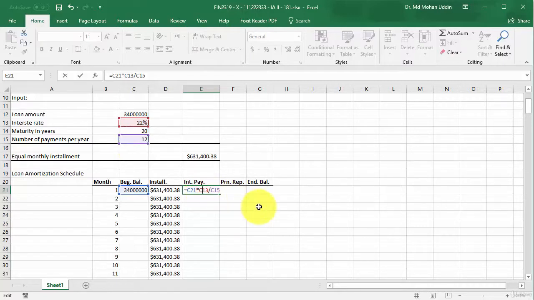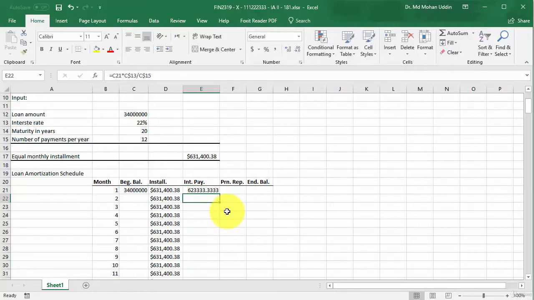And because the rate should be fixed, the rate row should not change, so we place a dollar sign before the row numbers, so that when we drag it below, it remains fixed.